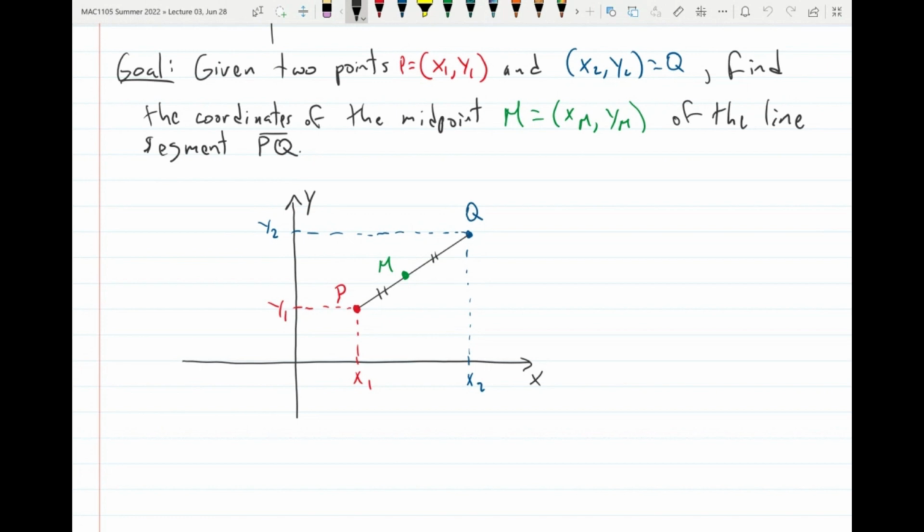Let's see. Can we see that? Is that always the case? When you have a diagonal line, I know it's always the case, but how do we justify it nicely? This could be the diagonal of a rectangle.